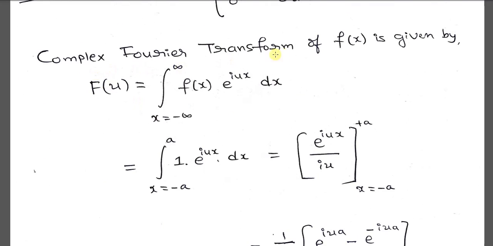The formula for Fourier transform is the integral from minus infinity to plus infinity of f of x e power iux dx, and the value of f of x is 1 from minus a to plus a. In other cases it is 0, so no need to write. And the integration is very simple. The integral of e power iux is e power iux divided by iu. Don't forget to apply the limits from minus a to plus a.